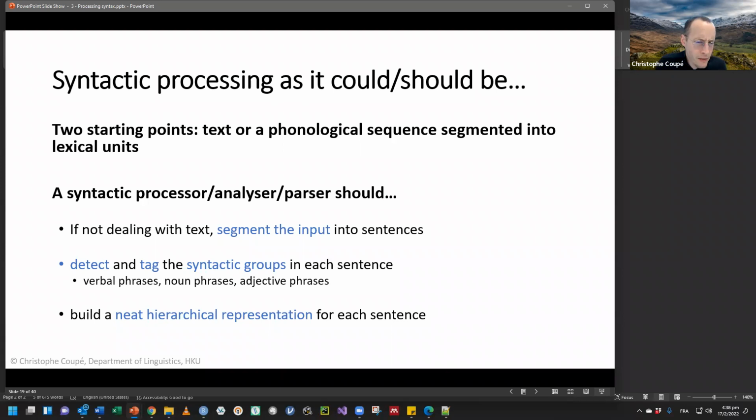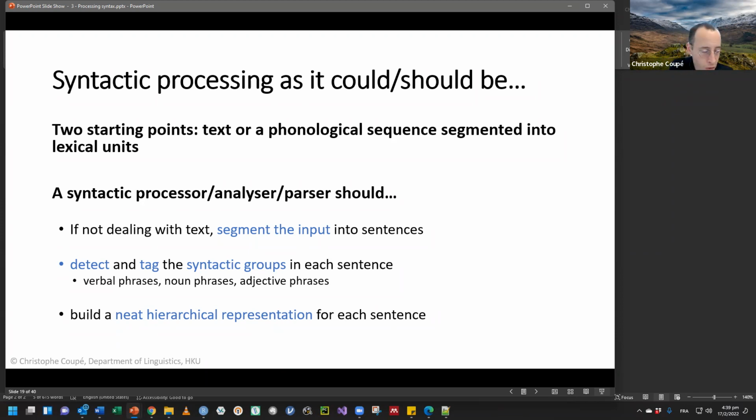If you don't have written text, where you have punctuation to cut the sentences, you would actually first need to identify where one sentence ends and the next one starts. So you will need to segment your input into sentences.